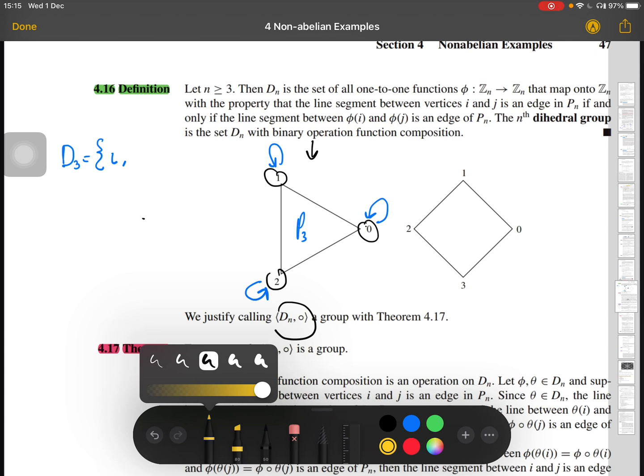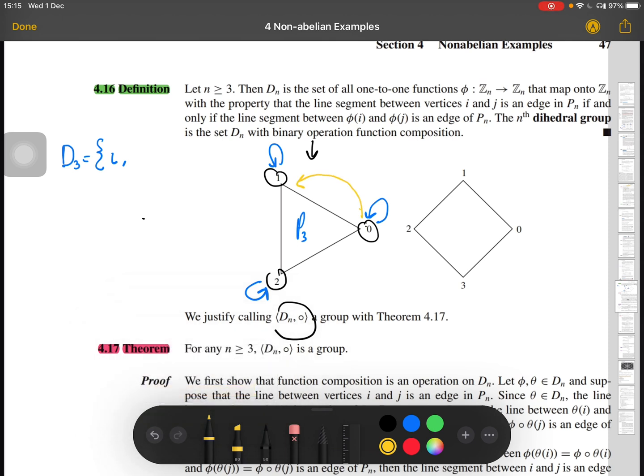Okay, so another one. Let's say that I want to map 0 to 1, and then 1 to 2, 2 to 0. Okay, because 0 to 1 is an edge, 1 to 2 is also an edge, 2 to 0 is also an edge. So I can have another one-to-one and onto mapping there. All right, that's another mapping.